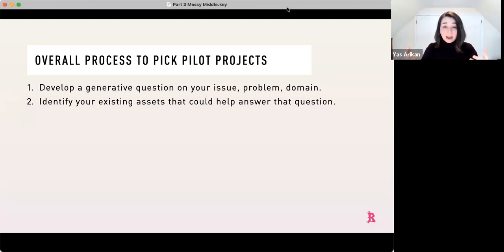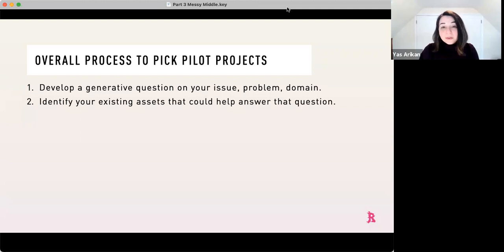What assets do you have that you have access to? You don't have to ask someone else for permission to use it. That's important, by the way. You already have access to these assets and you are feeling comfortable with sharing them with potential teammates. Assets that meet these two requirements, those are the kinds of things you would brainstorm in this second step.